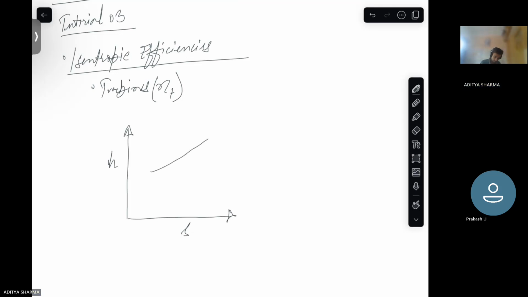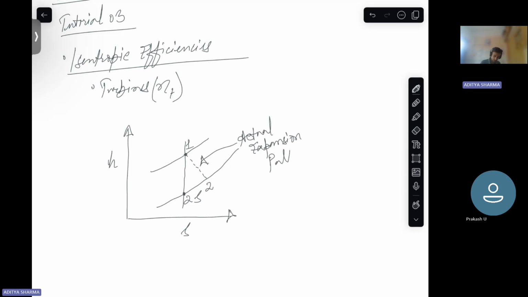Let's say the turbine is moving from this state to this state. The straight line from 1 to 2s signifies that it is isentropic, so there is no entropy change. But then the actual expansion path is different, because expansion takes place in turbines from 1 to 2.